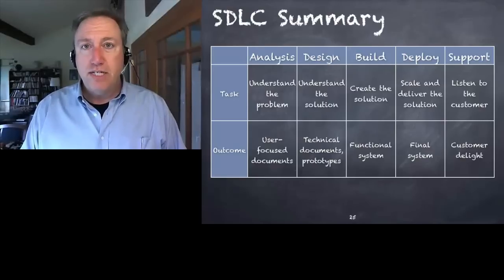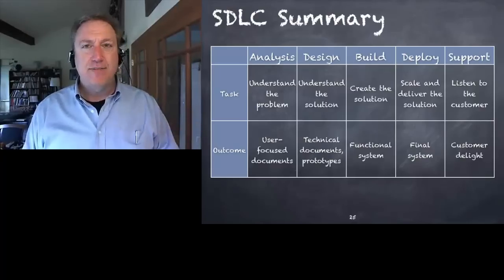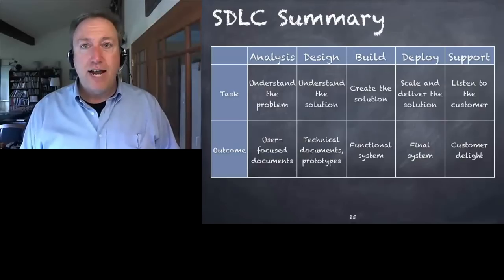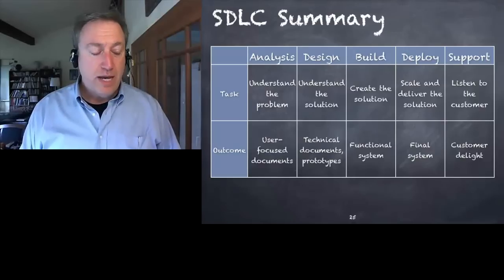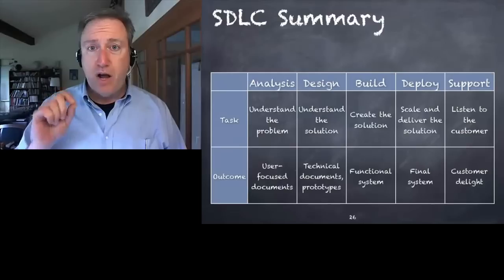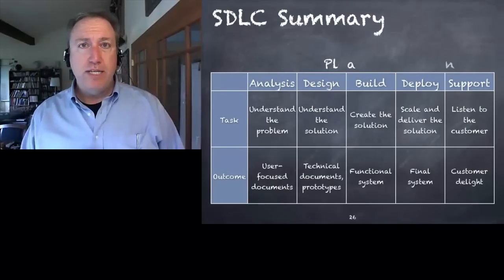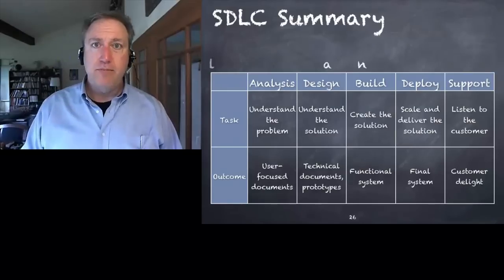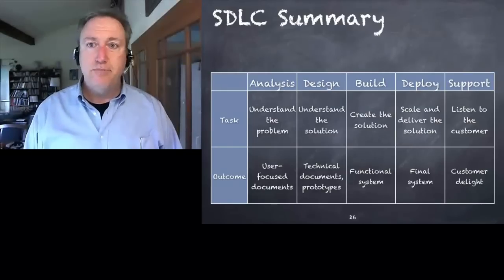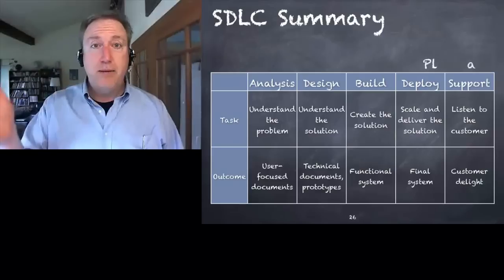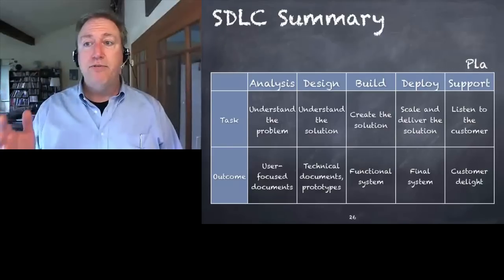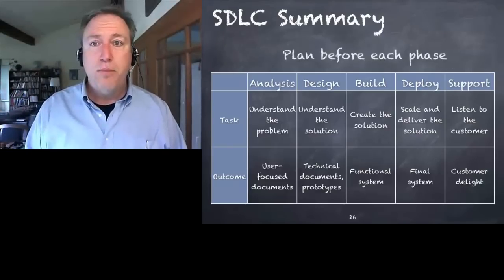The ultimate goal of this thing is to have people who are enjoying themselves, who can work a little bit less than they could in the last system, who are delighted and they're happy that you helped them out. And then remember, all the way along the line there's planning. In between the analysis and the design phase, in between the design phase and the build phase, in between every phase and the next, you go back and plan.